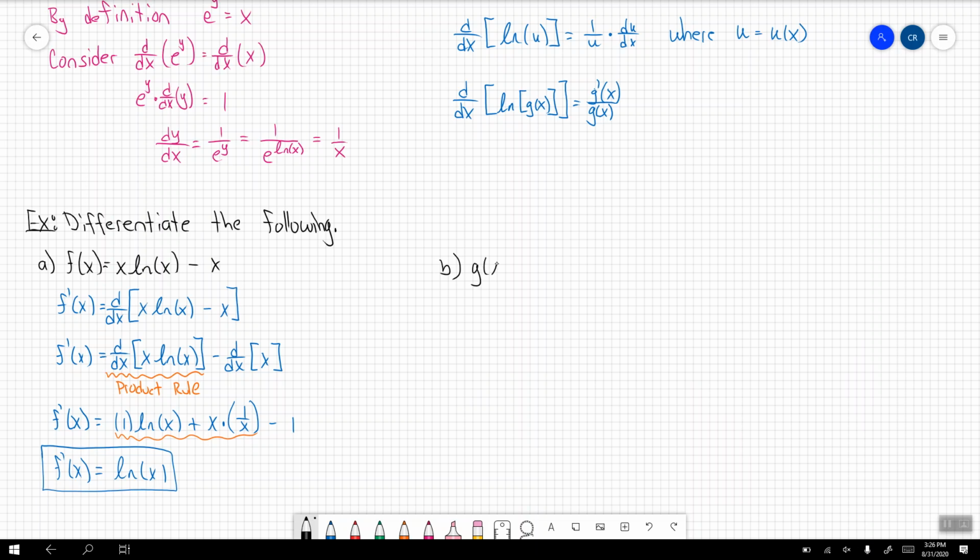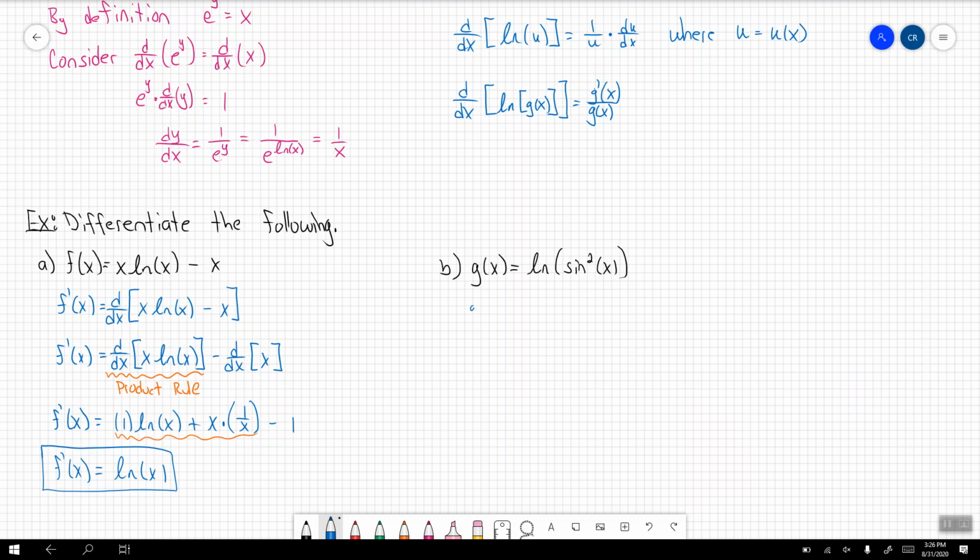Part B, we have g of x, which is equal to natural log of sine squared of x. Okay. So there's what we have so far. Let's go through and let's start differentiating.